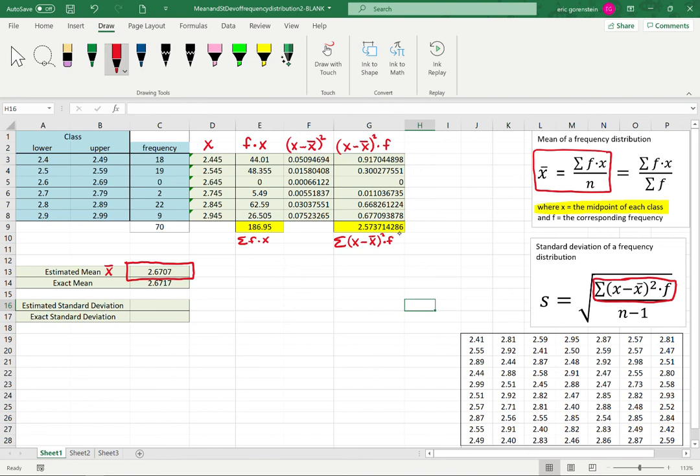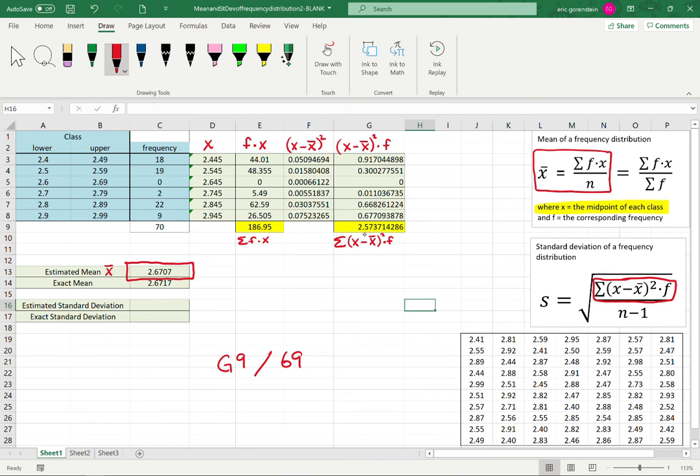So we just calculated this number here in yellow in column G, so that's G9. What we want to do is take G9, divide it by n minus 1. We could just type in a 69, because n is 70, so we want to divide by n minus 1, or divide by 69.